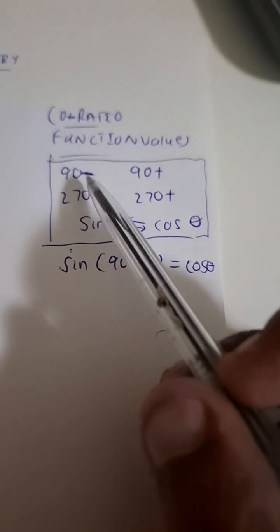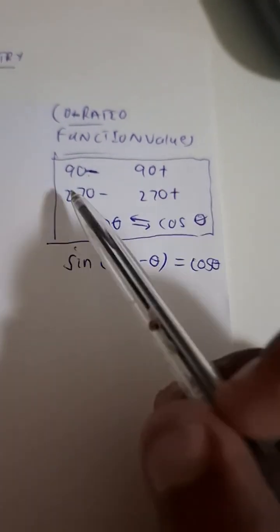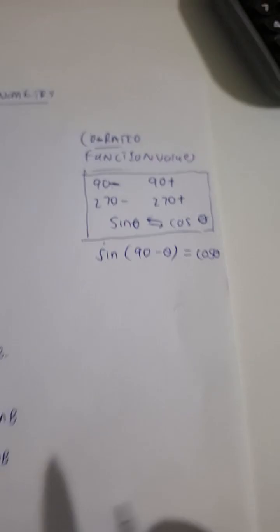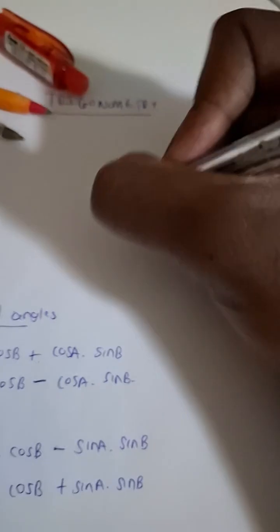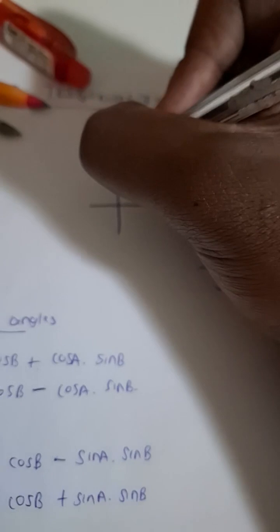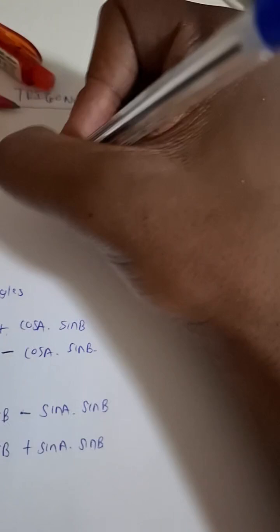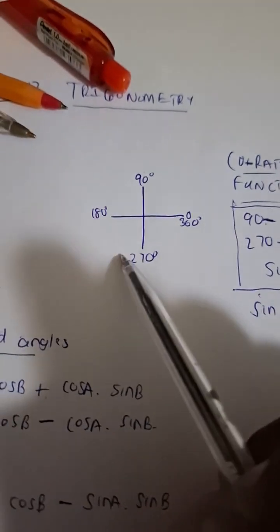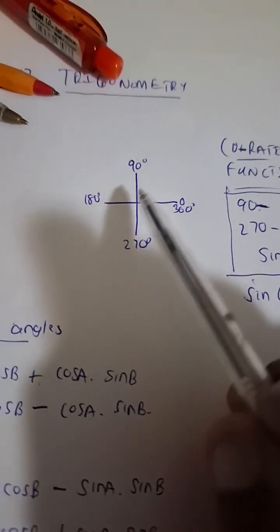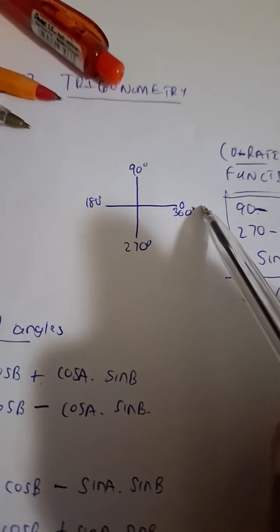But that only happens with 90 minus, 90 plus, 270 minus, and 270 plus. The way I like to think of it is that the change only happens because if you have a Cartesian plane, this is 90 degrees, this is 270 degrees. So for the verticals, change happens. But for 0, this is 180 degrees, back here it's 360. So if you are doing 180 minus, 180 plus, 360 minus, or 360 plus, then there's no change in trig ratio, just the sign.